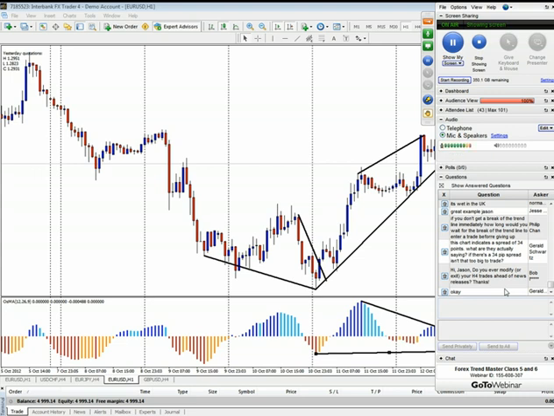Then I have Bob saying, do you ever modify your exit on your 4-hour trades ahead of news releases? No, to be honest with you, no. I'm doing it on a 4-hour daily. The news, unless it's non-farm payroll, I would think about doing a trade before non-farm payroll.